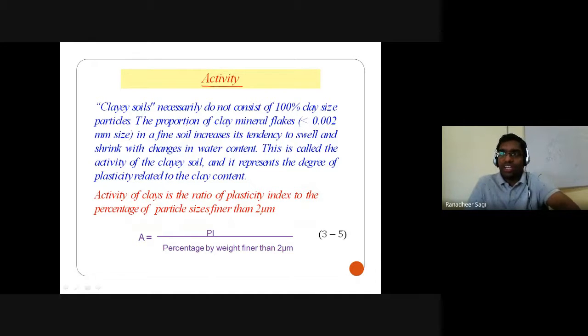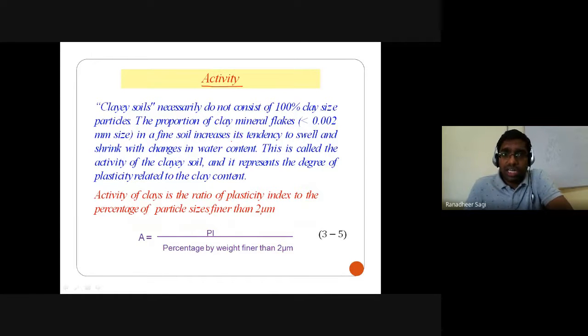Whether that soil exhibits more swelling characteristics, less swelling characteristics, or no swelling characteristics is what we can understand from this parameter called activity. Generally, we talk about activity in the case of fine-grained soils, and particularly clay type soils, where you mainly calculate this activity value to understand the nature of the soil.